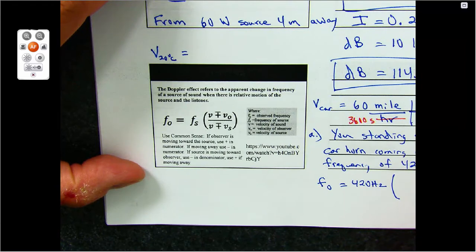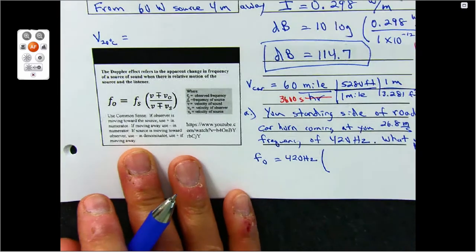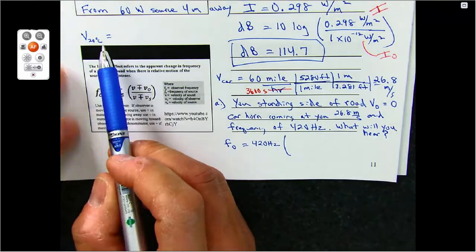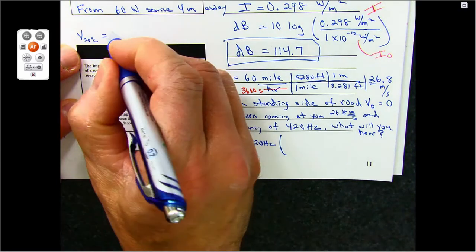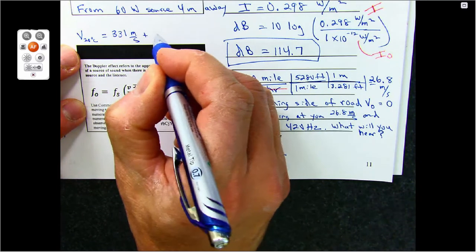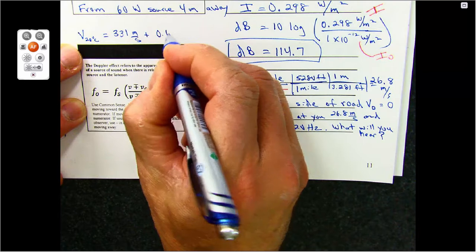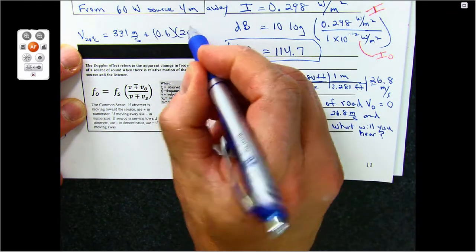Same pressure. Velocity of sound at 20, what do we use? Yeah, 331 plus, what's the number? Yeah, 0.6 times our temperature of 20.